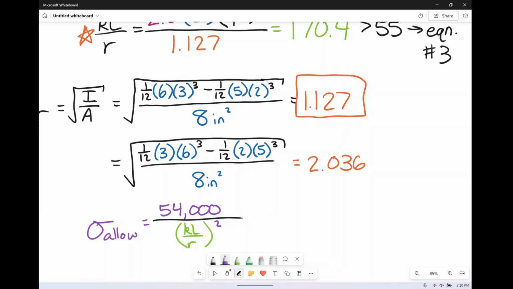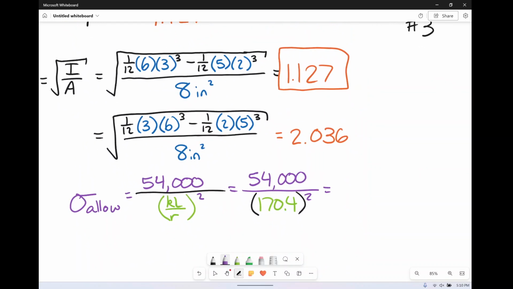And we just calculated the value for that. So our sigma allowable is 54,000 divided by, we said KL over R was 170.4, and we square that value, and we get a sigma allowable of 1.86 KSI. Now what do I do with that information?